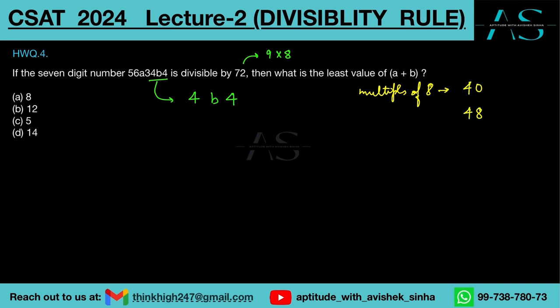Now let's start with the second one first, because let's see if this one would be possible or not. Even if I take it to be 48, I need to put 8 here, and then the maximum value for B would be 9.